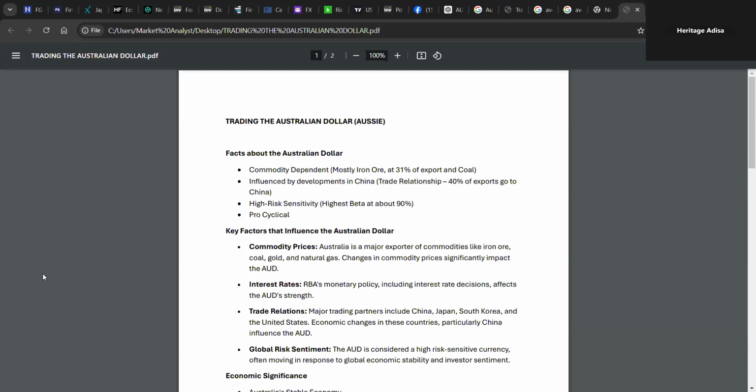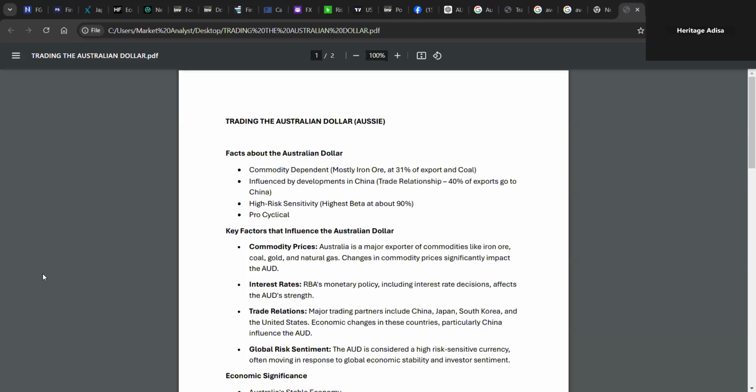When you have risk off in the market, when trader sentiment is negative, AUD tends to fall massively while JPY tends to rise. And when you have risk on, AUD tends to rise massively and JPY tends to fall massively. So you look at the AUD/JPY pair over the years and notice it moves clearly.